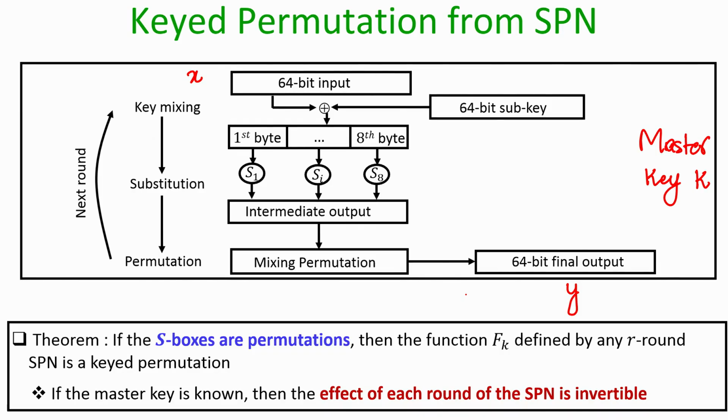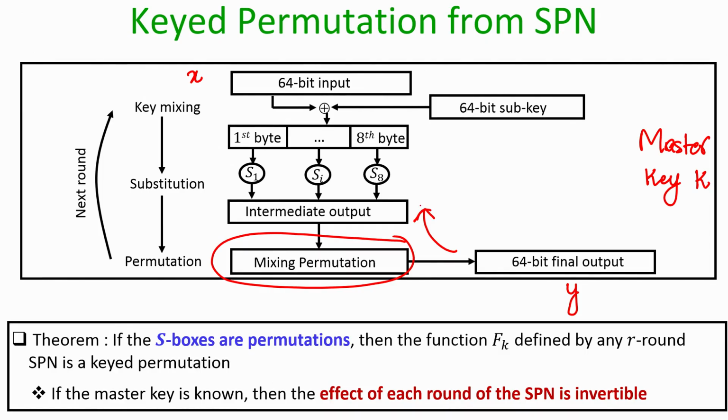So, let us see whether it can reverse back the effect of the last iteration, right. So, since this mixing permutation is publicly known, from this output y the receiver can go back to this intermediate step, because the mixing permutation is publicly known. So, as a result the input that would have given this output y with respect to this mixing permutation can be uniquely computed, because it is a permutation.